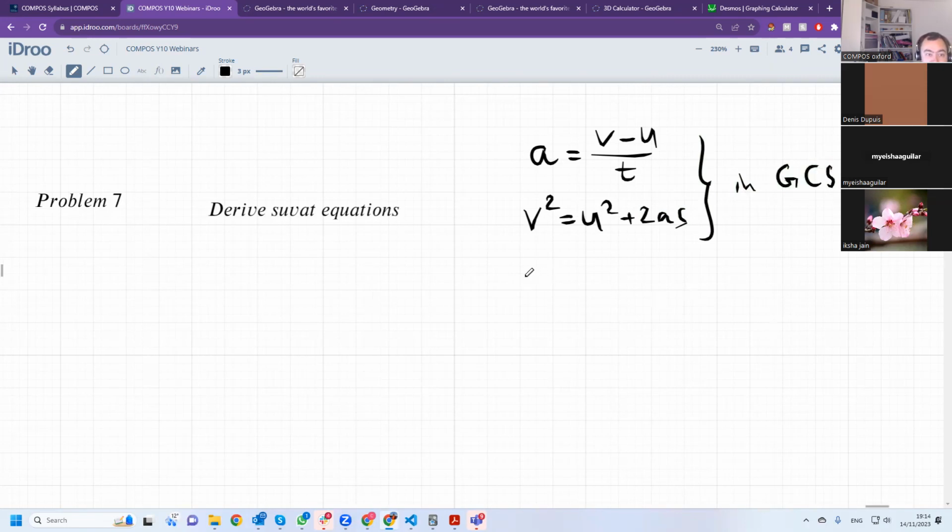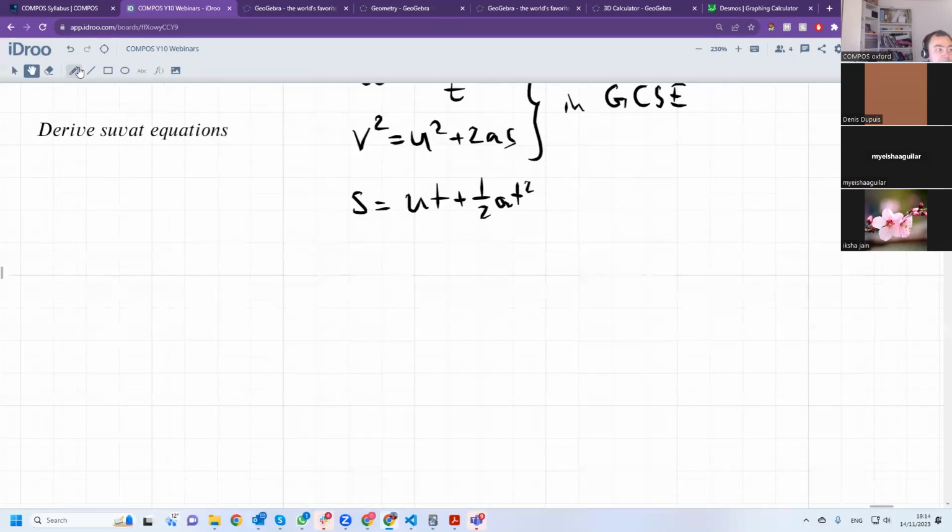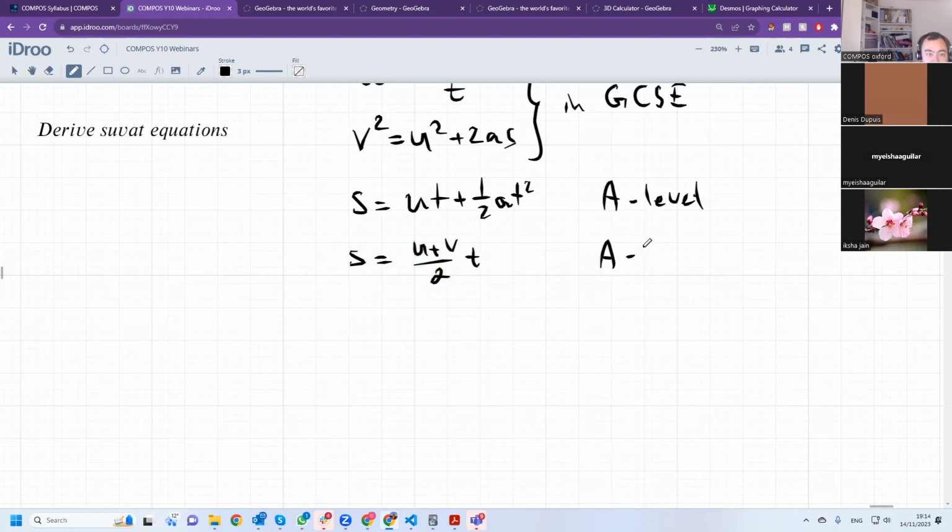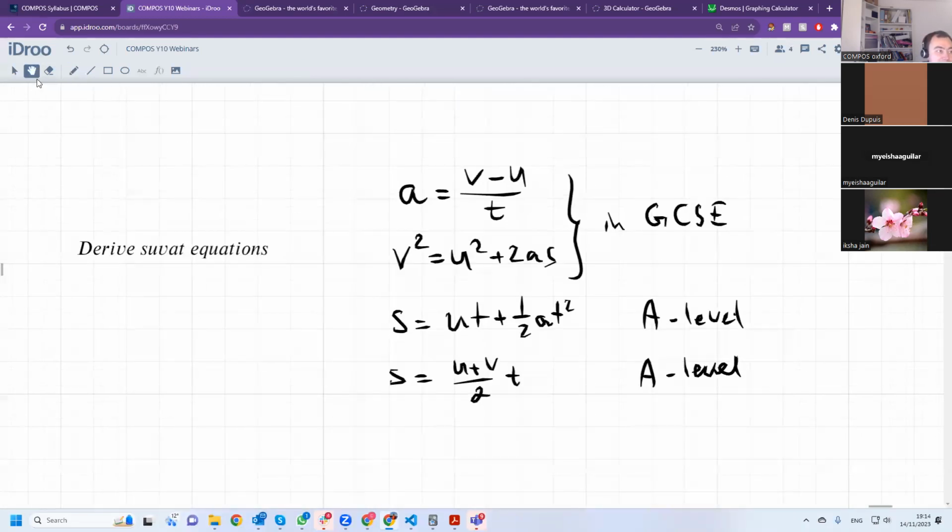And then you have 2 more. s equals ut plus 1/2 at squared. This is A level. And s equals u plus v divided by 2 times t. This is also A level. So there are 4 Suvat equations.